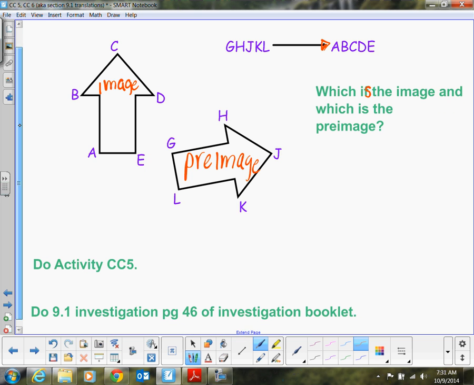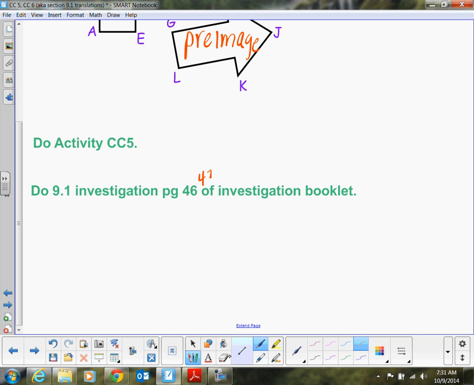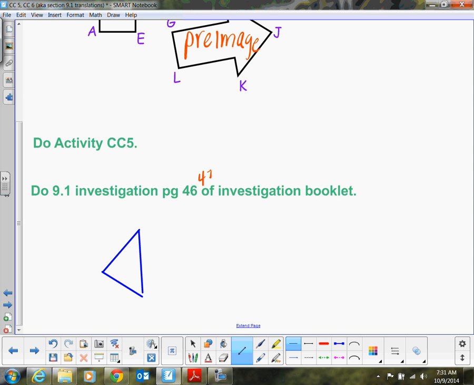All right. CC5 was an investigation that introduced you to translations, rotations, and reflections. The investigation on pages 46-47 introduced you to translations. And let's talk about that for a minute. If I had a triangle, what basically did you do to this triangle on that investigation?